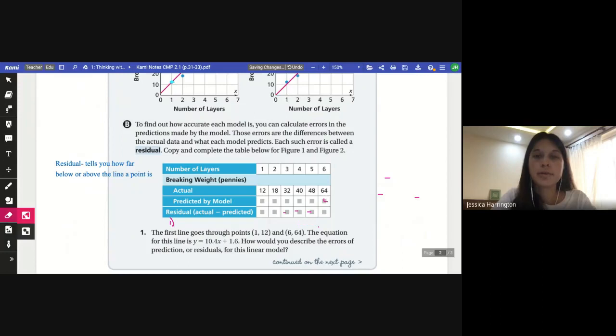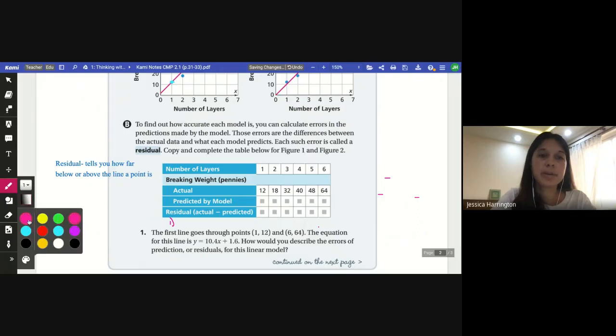All right, so for figure 2, let's see if it's better. I'm going to make a different color so you guys know I'm talking about the different one, right? Let's do purple. So this one's for figure 2. And I'm going to write over here that figure 1 was minus 13 altogether.